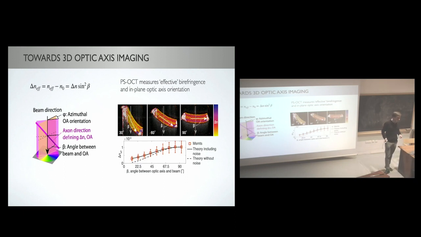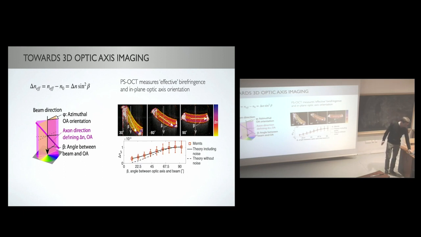And so a remaining challenge that we're currently addressing is that in order to back out the true 3D orientation, we have to combine image measurements at multiple angles to back out the 3D orientation of the underlying optic axis.